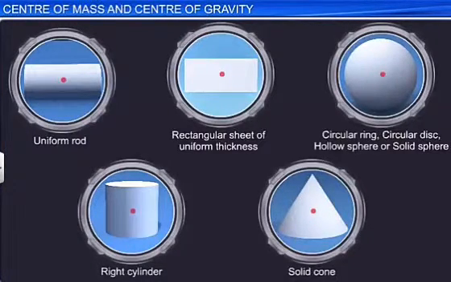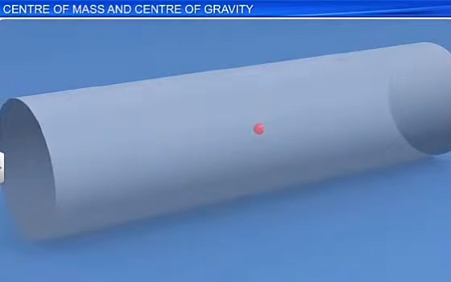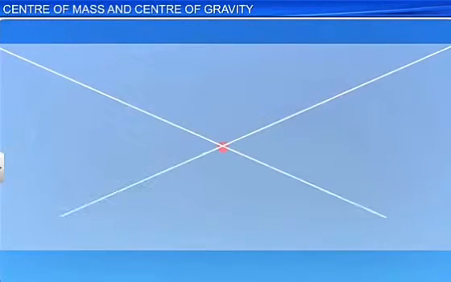For a regular-shaped body with uniform mass distribution, the center of gravity coincides with its geometric center. For a uniform rod, the center of gravity is at its midpoint. For a rectangular thin sheet of uniform thickness, the center of gravity coincides with the point of intersection of the diagonals.